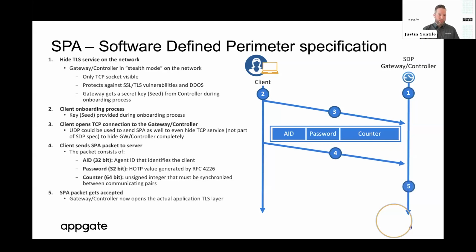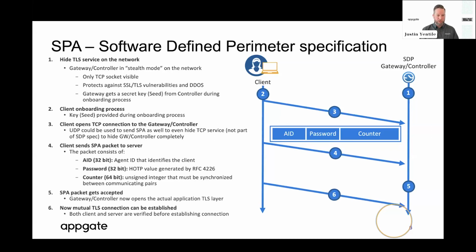Once the packet gets accepted, the server is able to validate that it has been generated using that initial seed that the controller or the server knew about in the first place. Then we would be able to establish a TLS connection mutually between the two. Mutual TLS is an important bit there, where both the client and the server are validating that each other is who they claim to be.